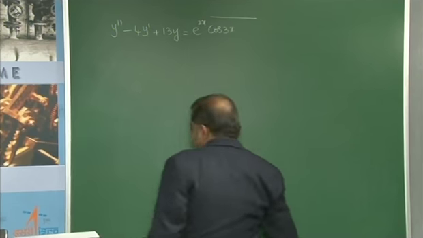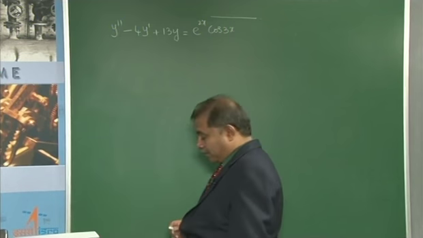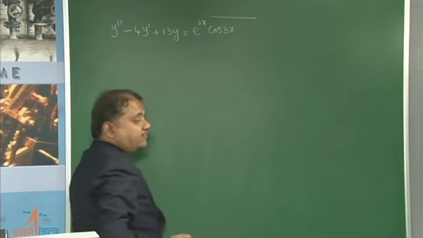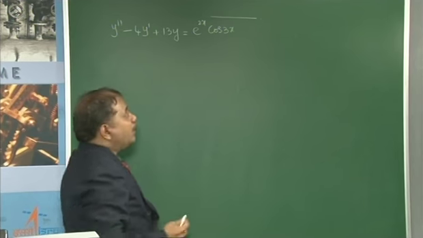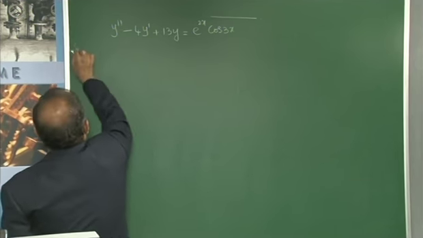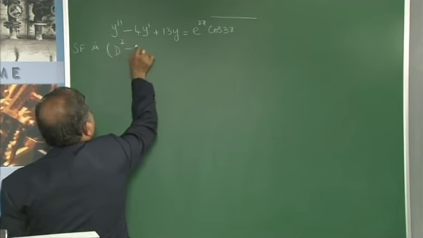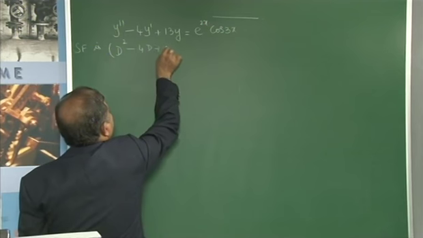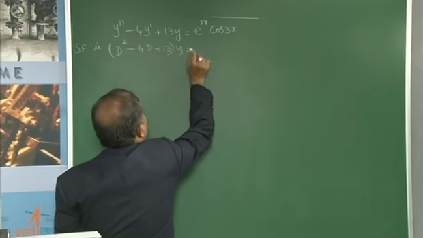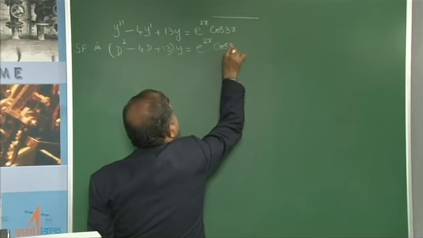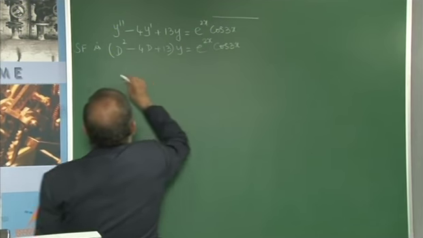So just a small difference in the problem. e power x sin x, both same I took, now with different ideas. Again same thing, what is my standard form? Standard form is (D squared minus 4D plus 13) y is equal to e power 2x cos 3x.